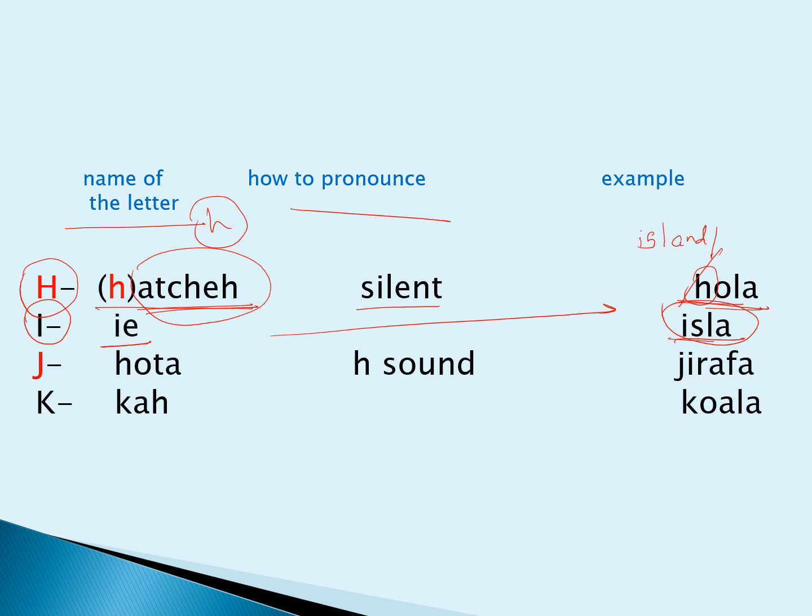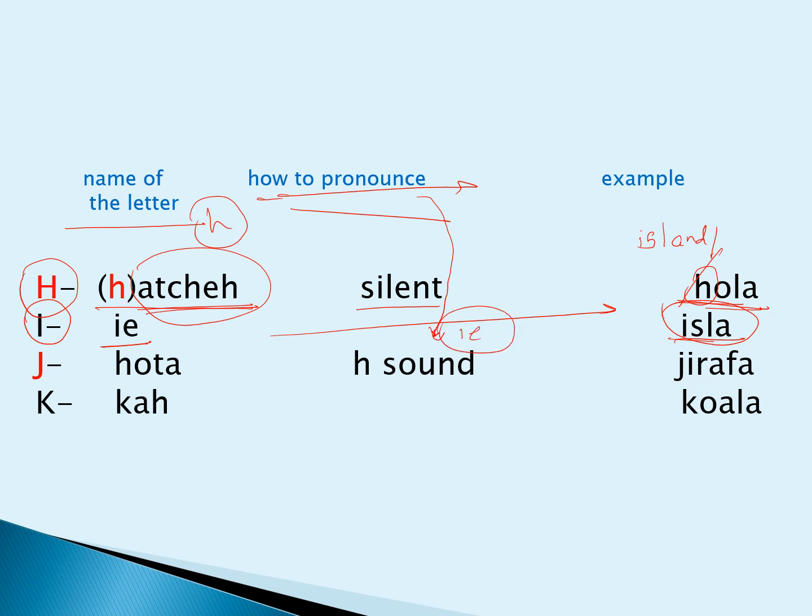So how to pronounce? This is important. I have not mentioned it, but this is important. How to pronounce? Pronounce as E. Isla. E. Good.